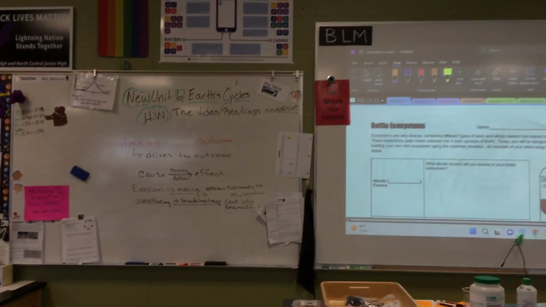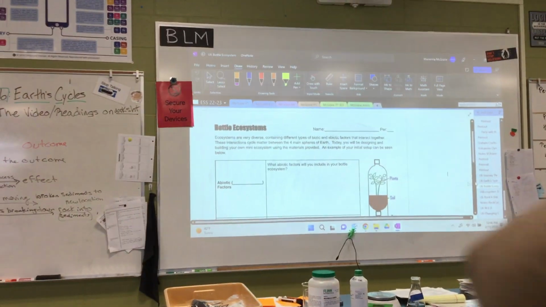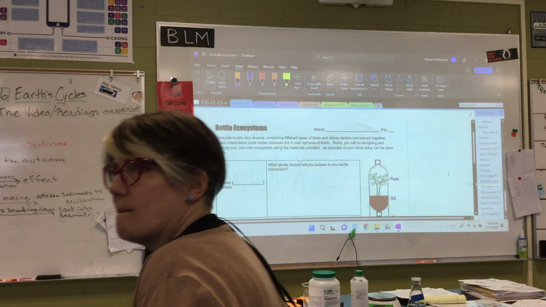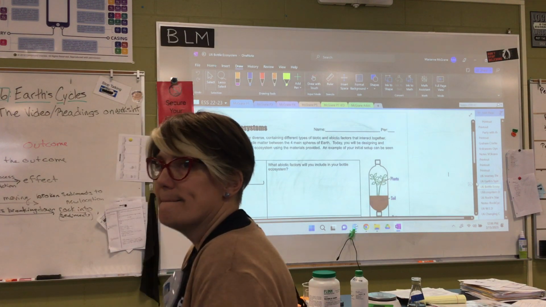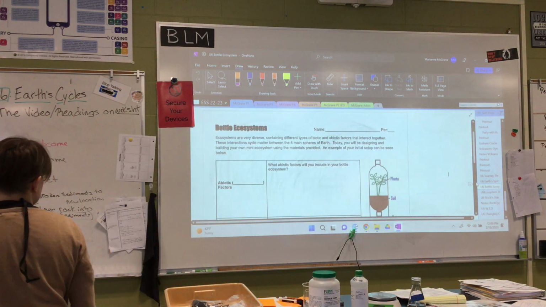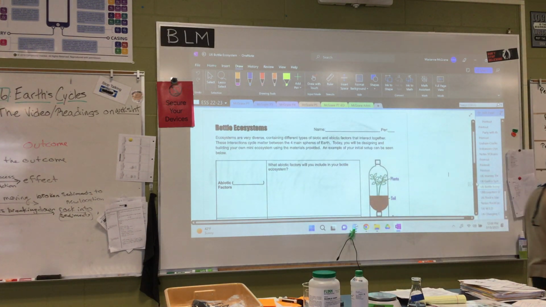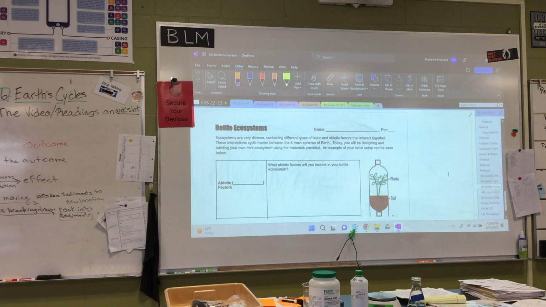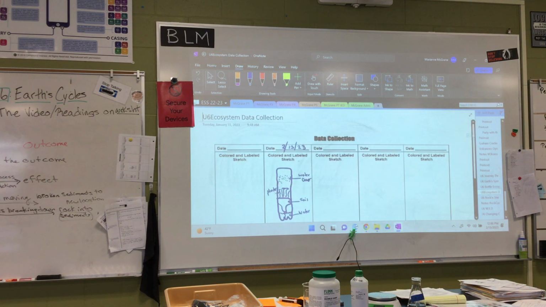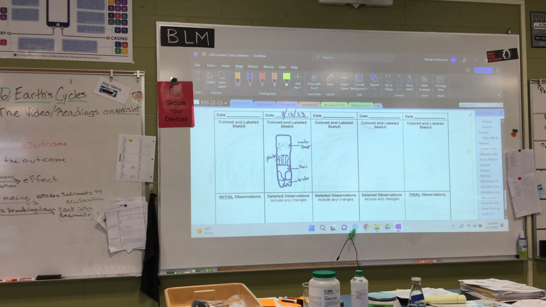So you're drawing a picture and then you're writing down observations. You're looking for bottom ecosystems, bud. And then Kale, we're going to be right on the back side of it. Yeah, this. Yep.